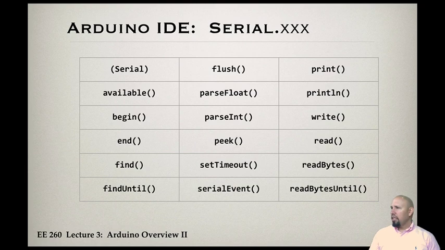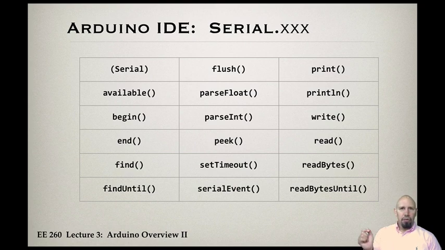Okay, and so these functions basically allow various communication things to take place. This first one here is a function that checks to see if the serial port is ready to go. If the serial function is ready, this will be a 1. If it's not ready, it will be a 0.